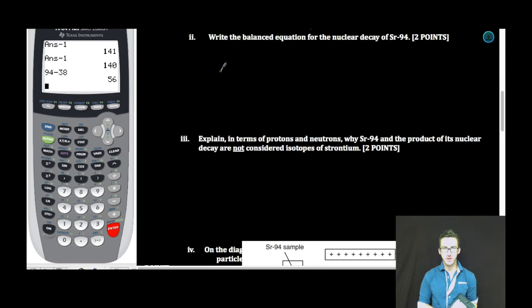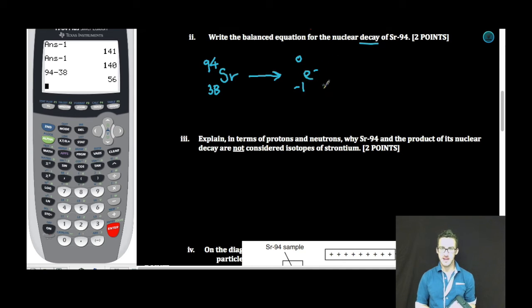So I'm going to rewrite the nuclide symbol for strontium-94. It's a decay equation, so this is the only thing that I'm going to have on the left-hand side of my equation. It decays by beta emission or beta decay, which is essentially an electron, 0 mass, -1 charge. What forms then after strontium emits a beta particle? Well, the mass is going to remain unchanged, because those electrons or beta particles that are emitted essentially have 0 mass.